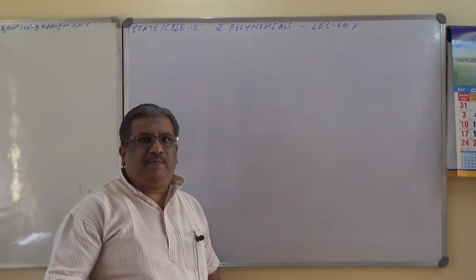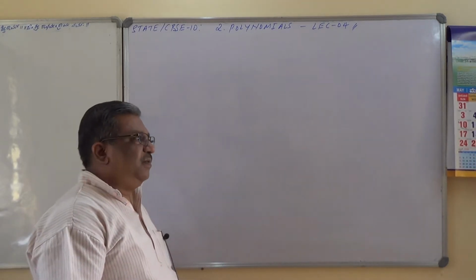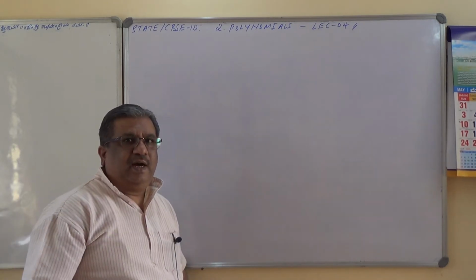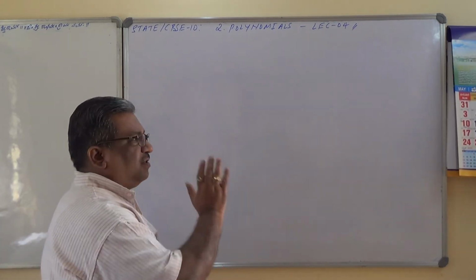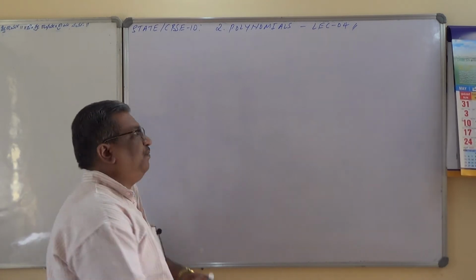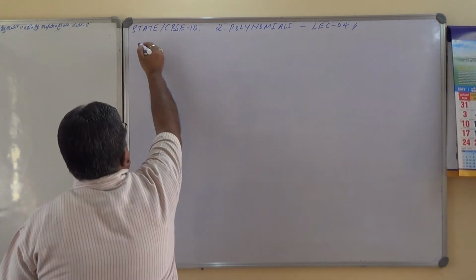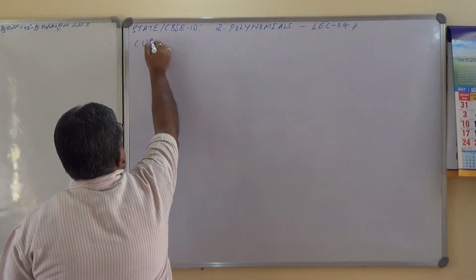Today we will consider cubic polynomials, establishing the relationship between coefficients and the zeros, and we will solve some numericals also. I will be concentrating only on cubic polynomials today.